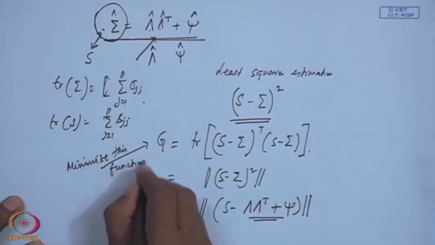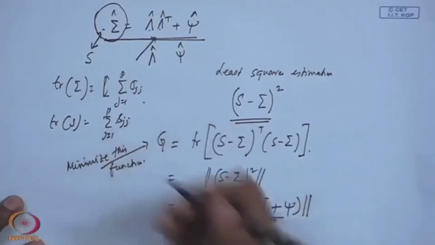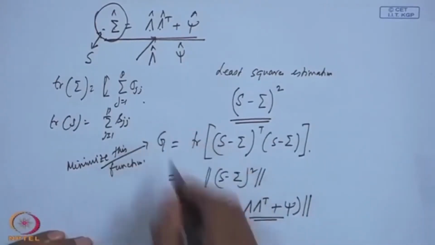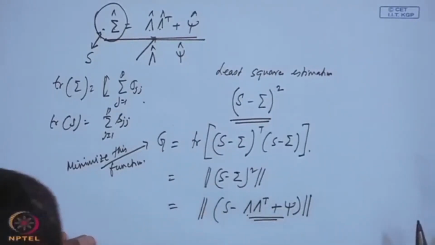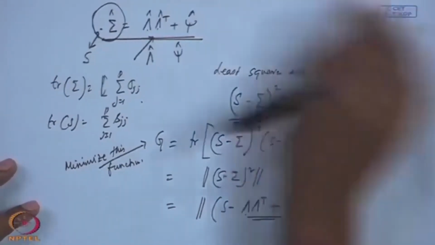So what are the things you must know? If you want to minimize, then you take the derivative of this with respect to the parameters, put it equal to 0, and then you get this value. This is the standard, general way we do when we have very simple functions.